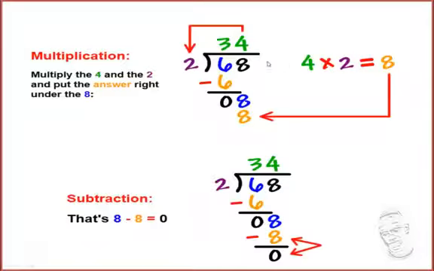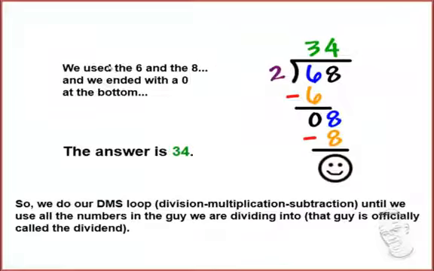Then we go to subtraction, and 8 minus 8 equals 0. We have used up the 6 and the 8, so our answer is 34. We have just learned the DMS loop, which we repeat until we use all the numbers in the number we are dividing into. That number is officially called the dividend.